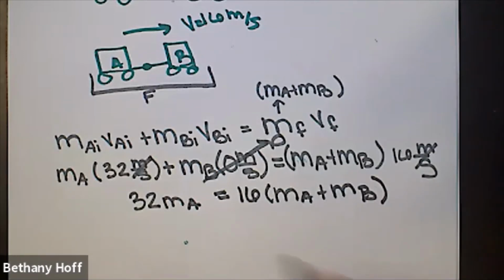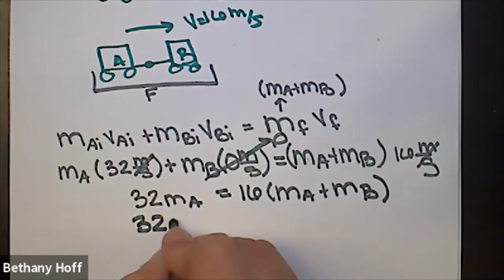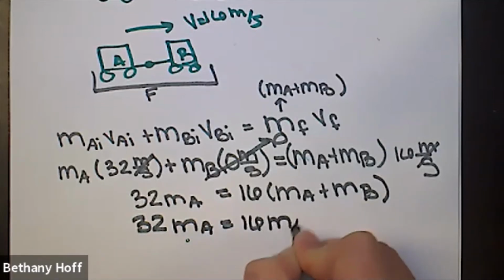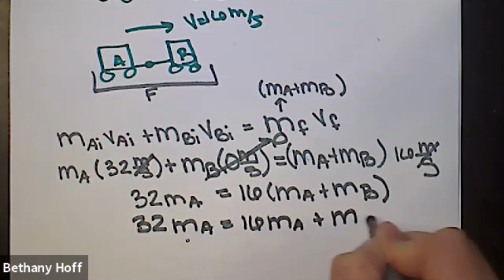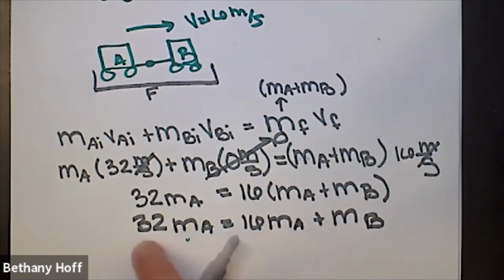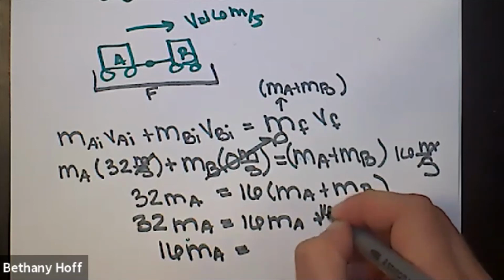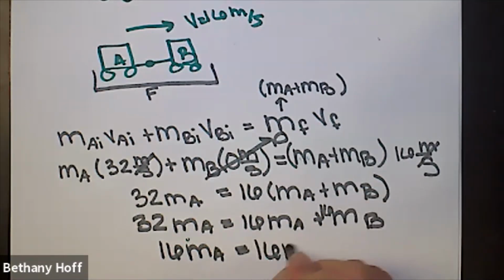I'm going to distribute the 16, so 32 MA is equal to 16 MA plus 16 MB. And if I were to get my MAs on the same side, I'm going to subtract 16 MA from both sides. So this actually says 16 MA is equal to 16 MB.